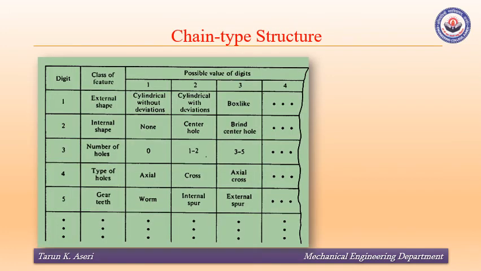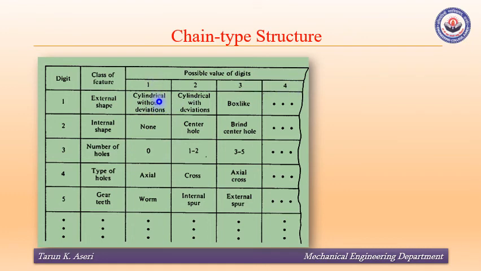For example, here the image shows the digits of the code from first place, second place, third place, fourth place. The classes of features shown here are the external shape, internal shape, number of holes, type of holes, gear teeth and so on. The possible values for the external shape are 1, 2, 3, 4, 5, 6 maybe.